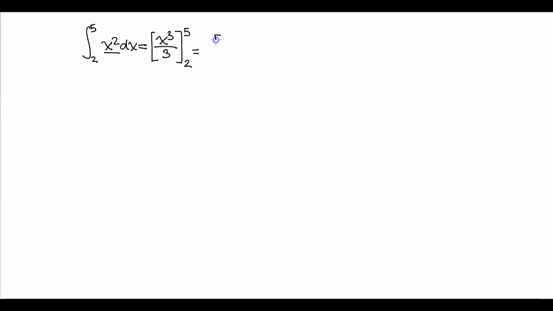And you would basically do 5 cubed, because x is 5, over 3 minus 2 cubed over 3. So you have F of 5 minus F of 2. Okay? And if you were to evaluate this, you get 125 over 3 minus 8 over 3. And that gets us 117 over 3.